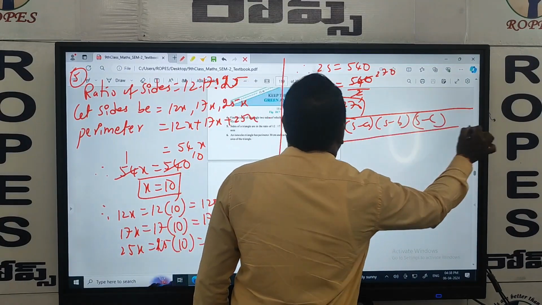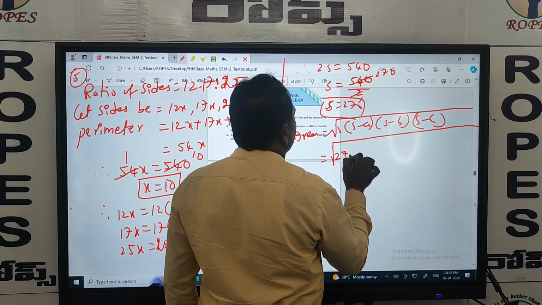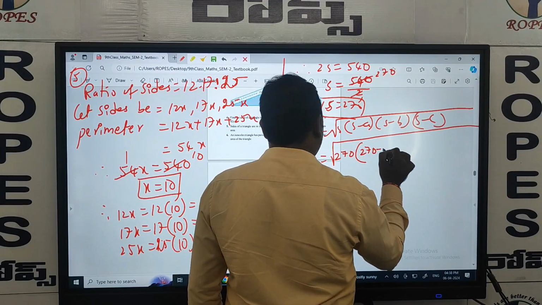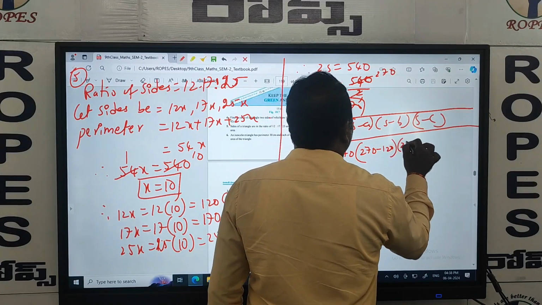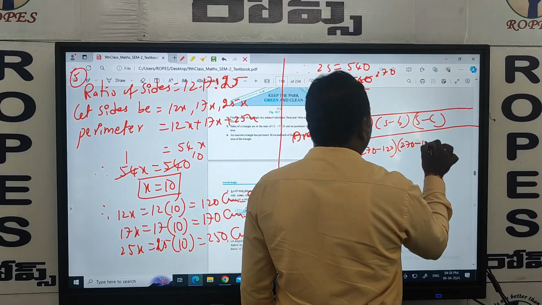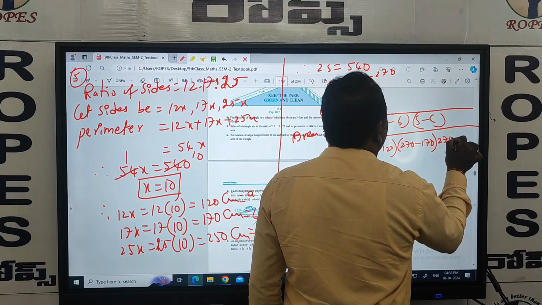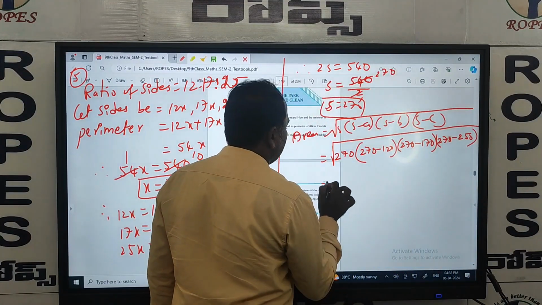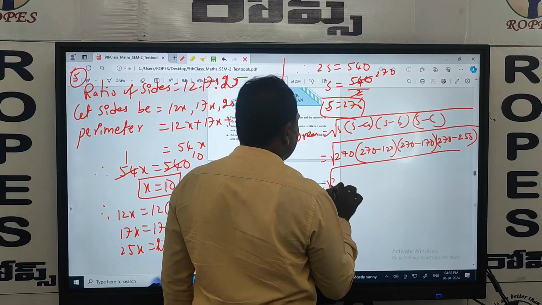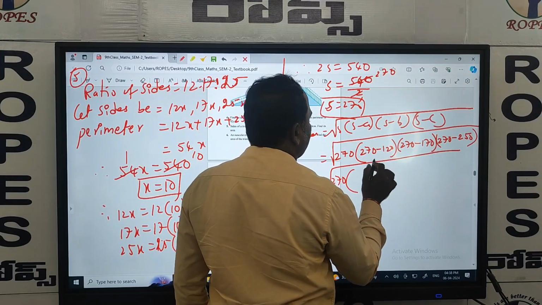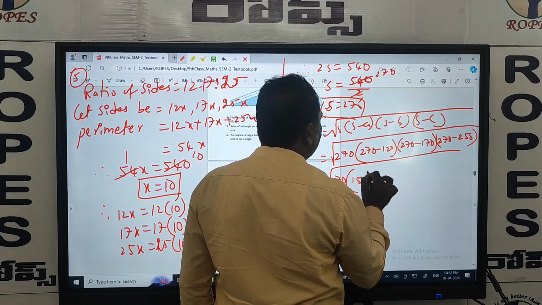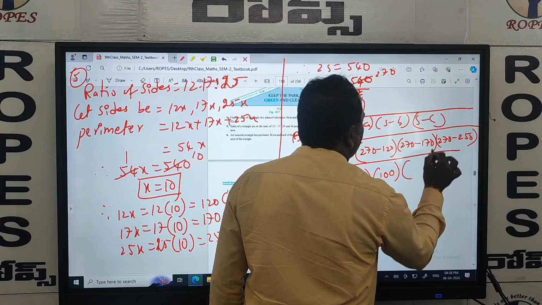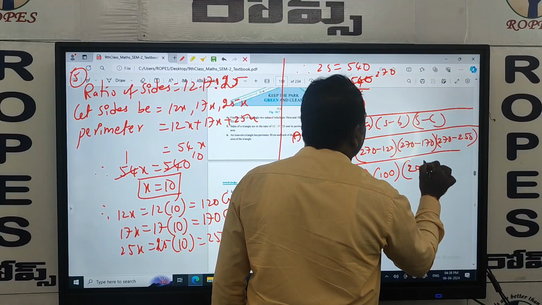This is a, this is b, this is c. Here s we got 270, so 270 into 270 minus 120, which is 150, into 270 minus 170, which is 100, into 270 minus 250, which is 20.